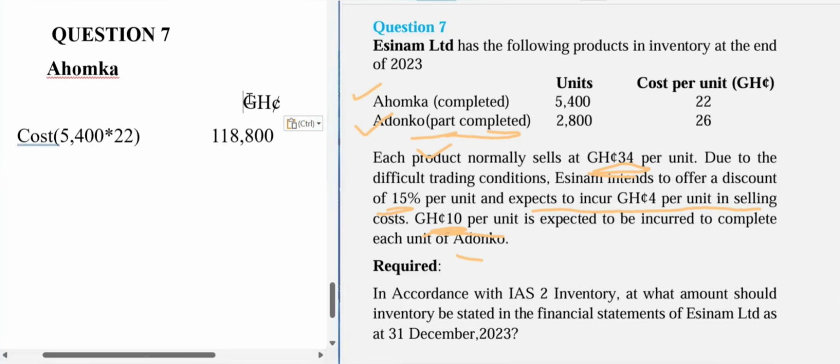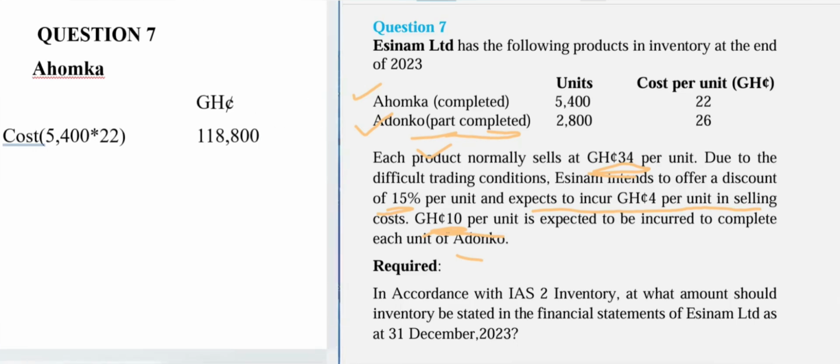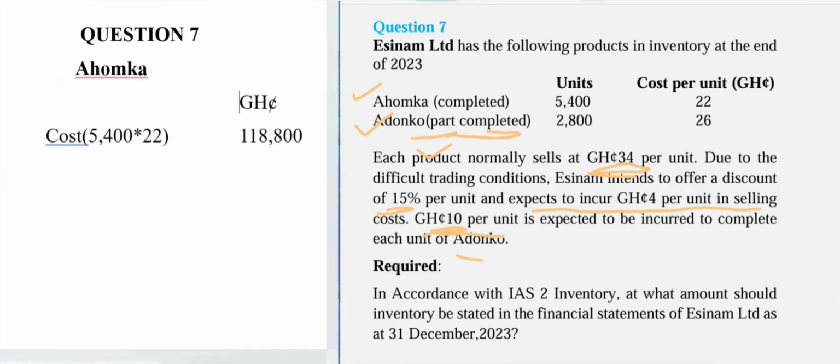I'm just adding my Ghana cedi sign here. So this is the cost for the Ahumka, right?